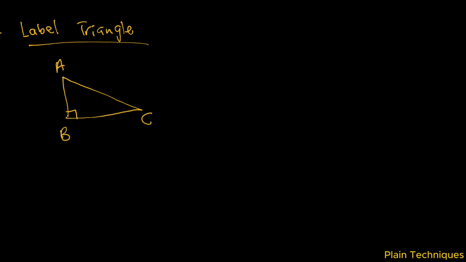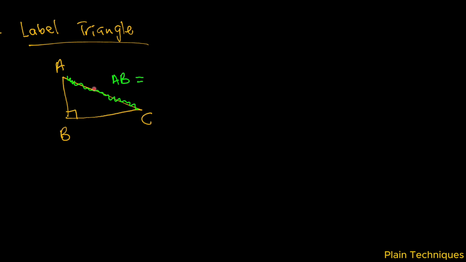I'm going to put it in green. That side in green is AB, or it can be named differently. You see here, this side is opposite letter B. So you can use the lowercase of whatever letter is opposite that side.